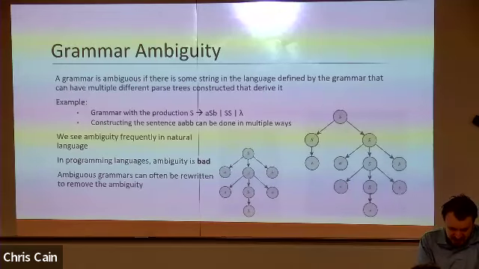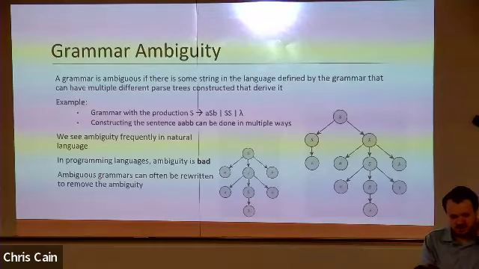Here are a couple of examples of generating that. Two different parse trees for the same string, not good. We can, of course, rewrite grammars to remove that ambiguity.